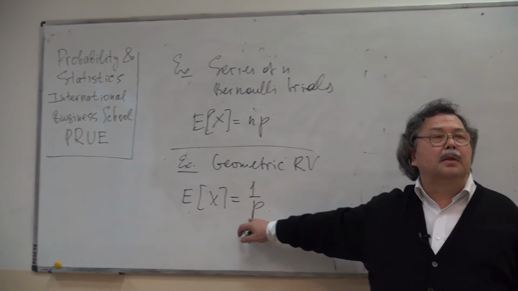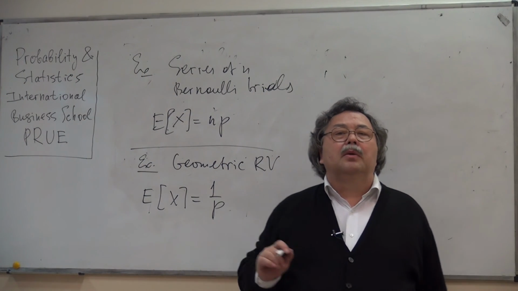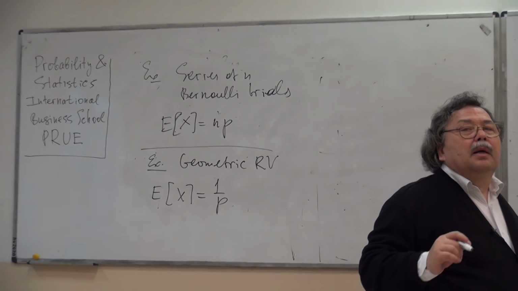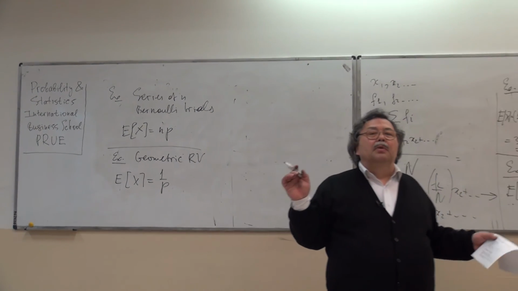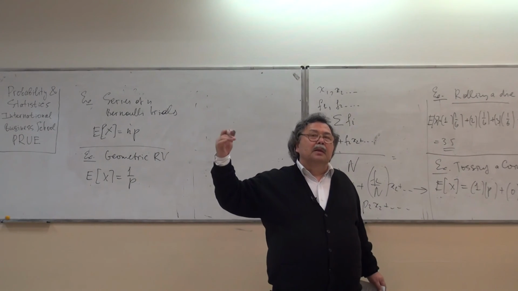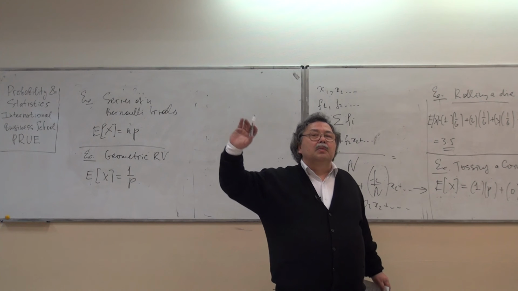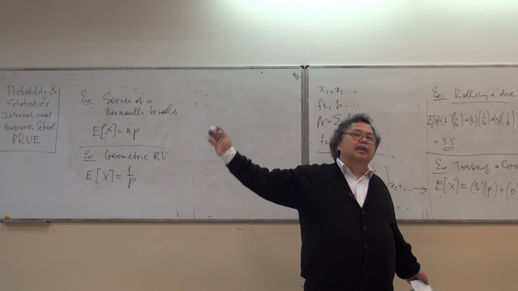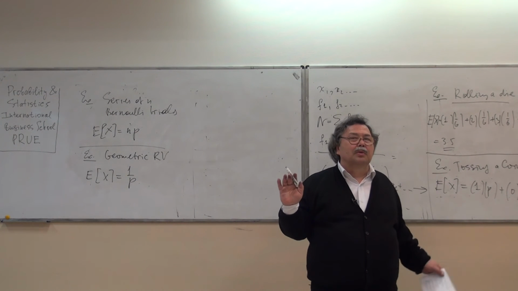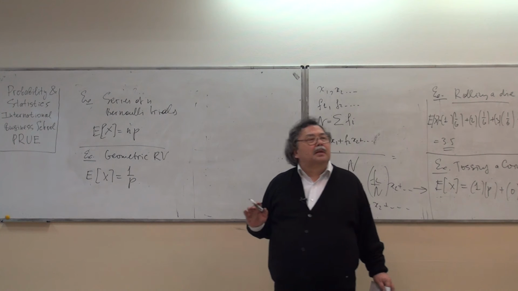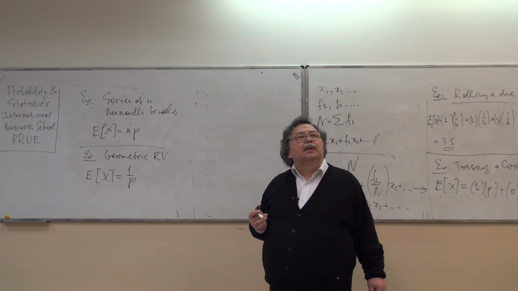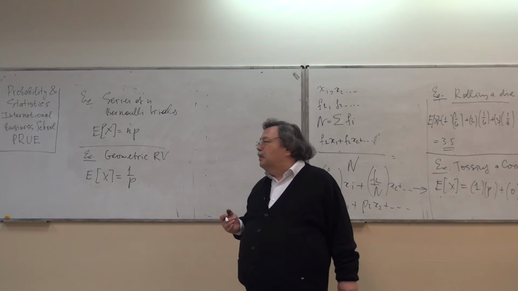So if p is 1/10, then the expected value here will be 10. Loosely speaking, informally speaking, we can expect that the first success will occur somewhere around the 10th trial. It's not a correct way to explain this, but just to try to understand it intuitively.